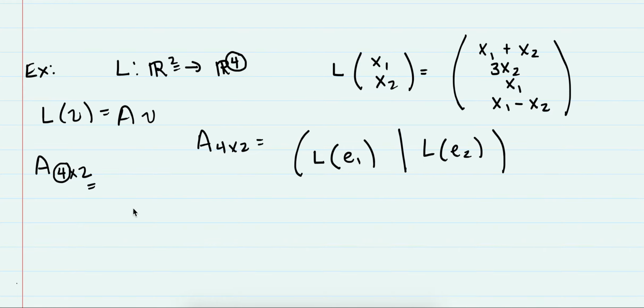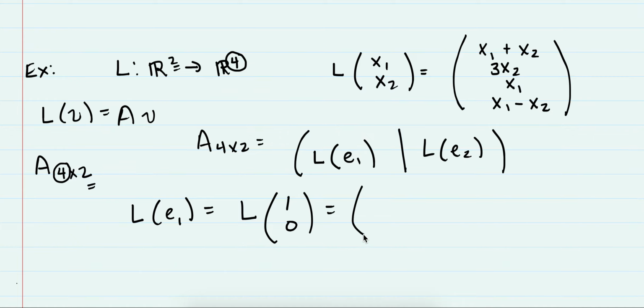L of E1 is L of (1, 0). So what does that map to? Well, the first thing is 1 plus 0, which is 1. Then I take 3 times the second entry, which is 3 times 0, or 0. Then I keep this one. And then x1 minus x2, that's a 1.